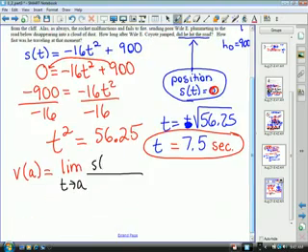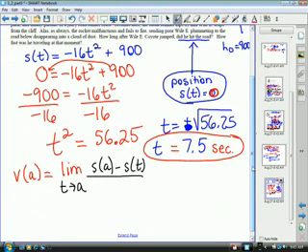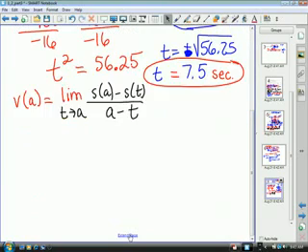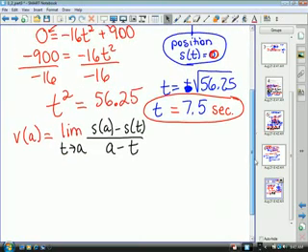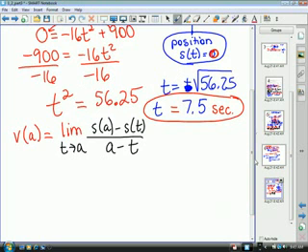S of a minus S of t over a minus t. So I want to figure out how fast that coyote was going when he hit the ground.